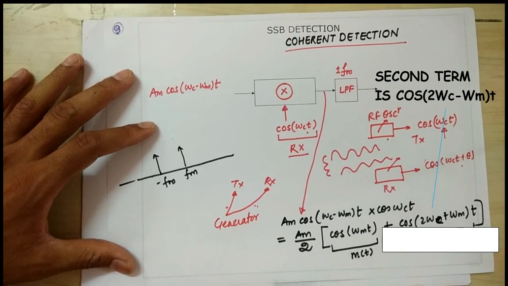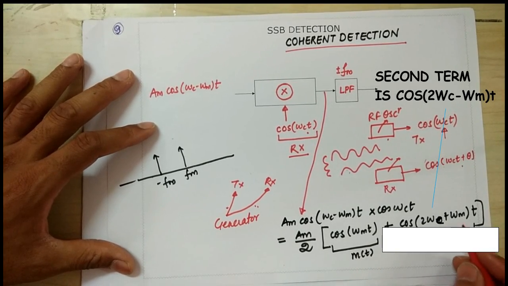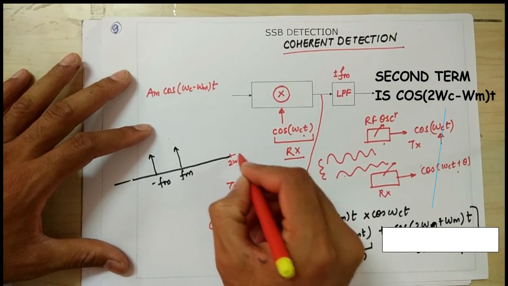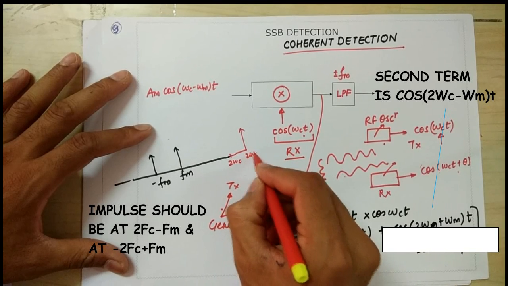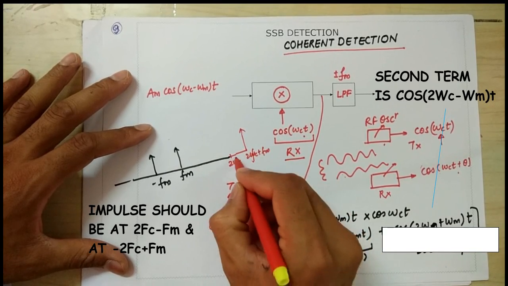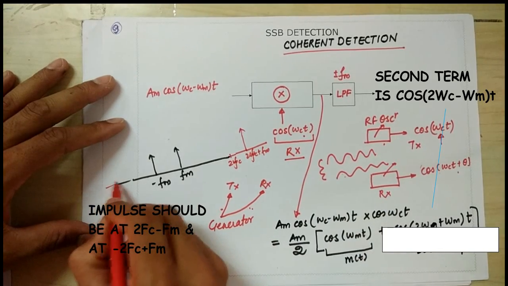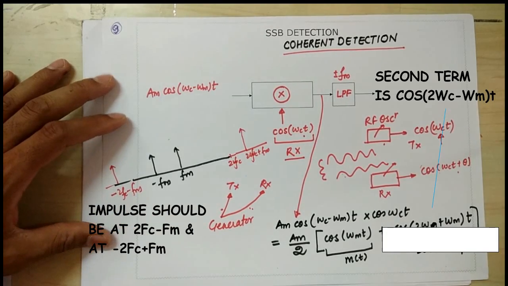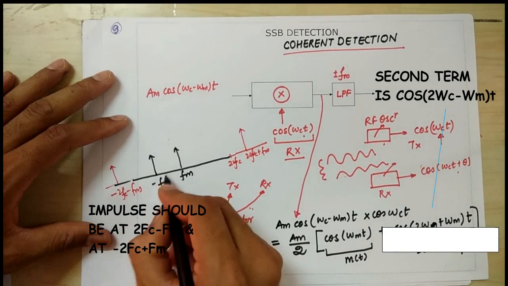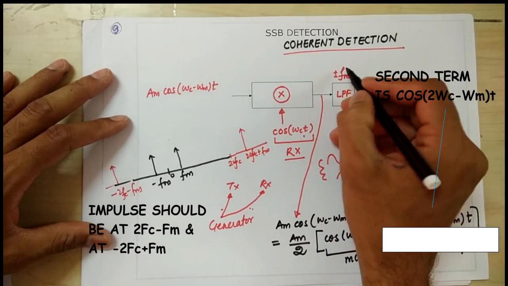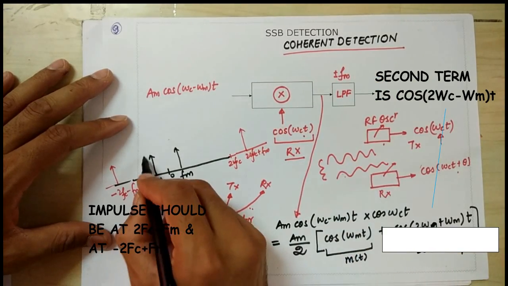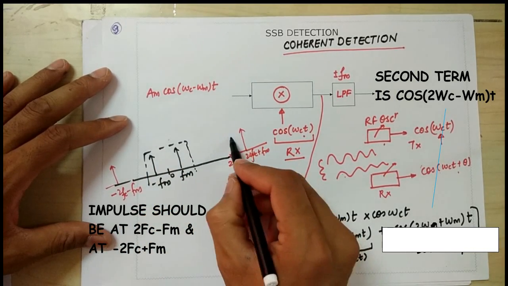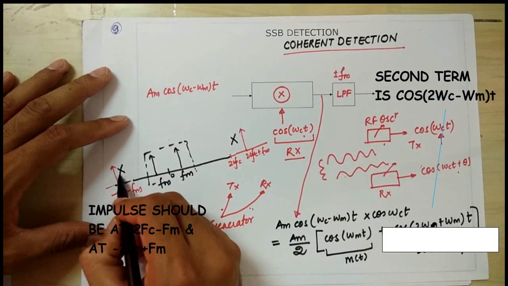This other term is at 2 omega c plus omega m, so it is at 2 fc plus fm, and on the negative side it is minus 2 fc minus fm. By using a low pass filter whose cutoff frequency is fm, I can pass this component only and stop the other signal.